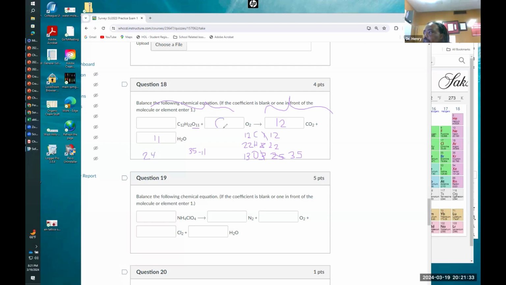So what do I need to put in front of here so that I can get 24 oxygens? 12. Okay, so I'm going to put 12 here.